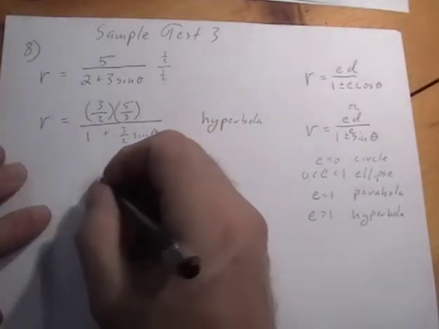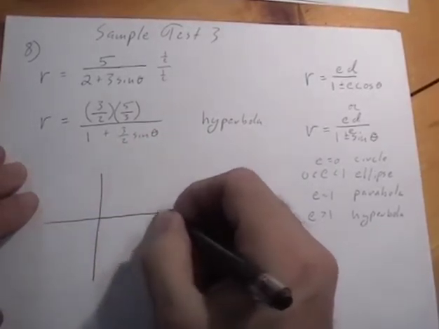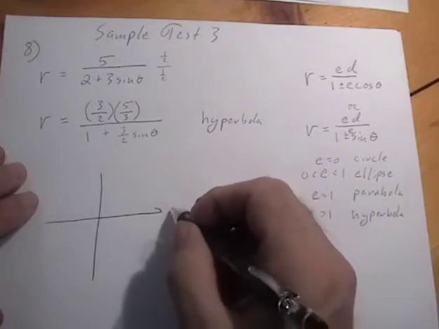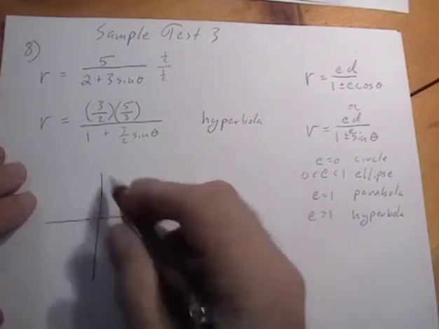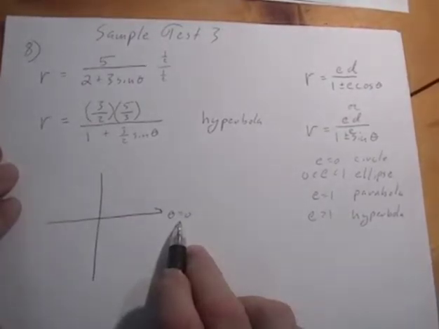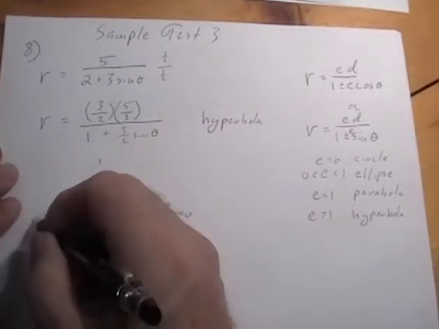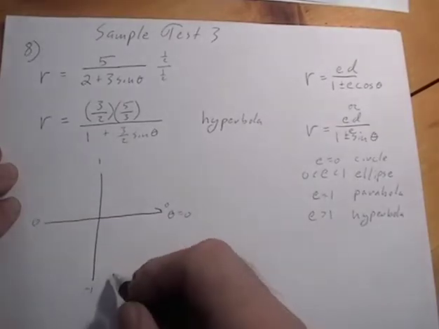For that, I think it is easiest to begin as if you're graphing this. I draw axes. I label one of them theta equals 0. It reminds me that this is polar graphing. I have sine. The pattern for sine is 0, 1, 0, negative 1.